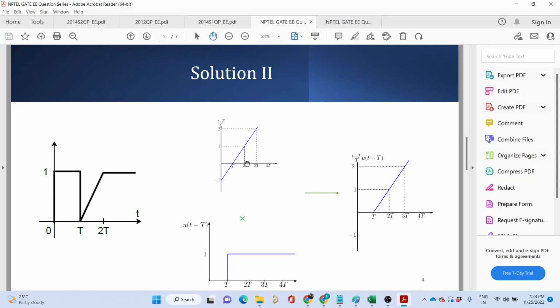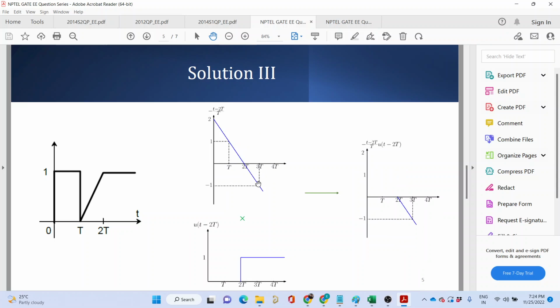Correct, absolutely, right. So if we do that, what information do we have? Its slope should be minus 1 by t, and it should intersect the t-axis at 2t, right? So this would be the nature of the function that I'm talking about. Okay.